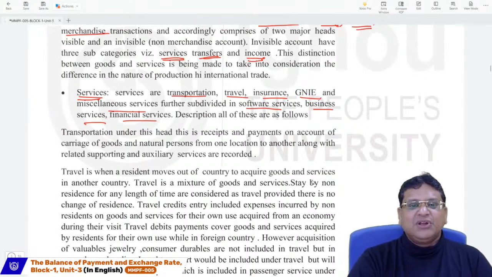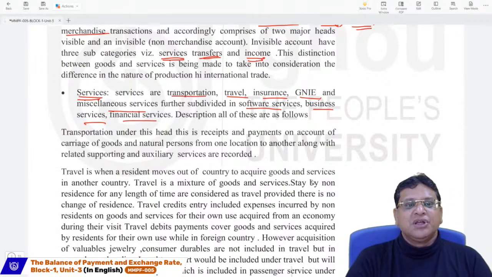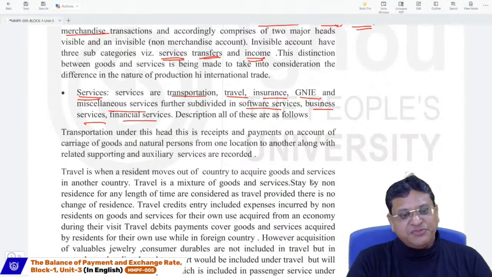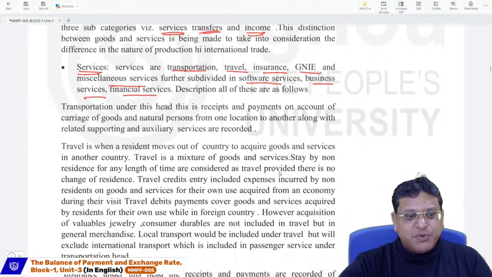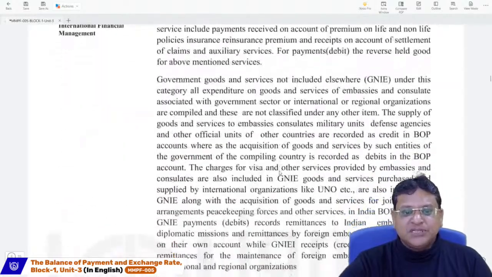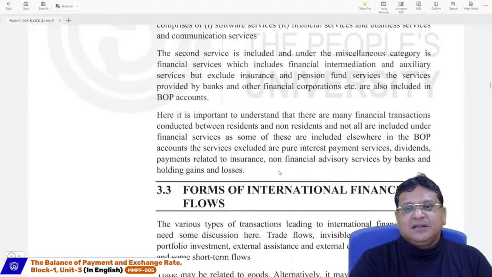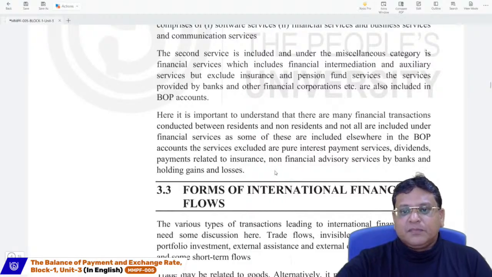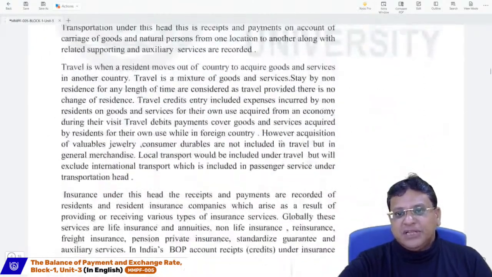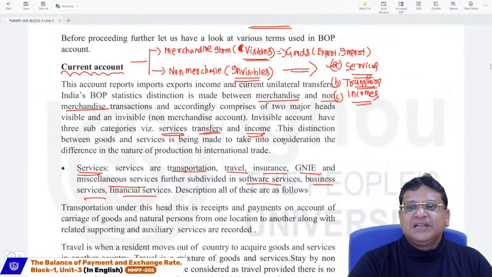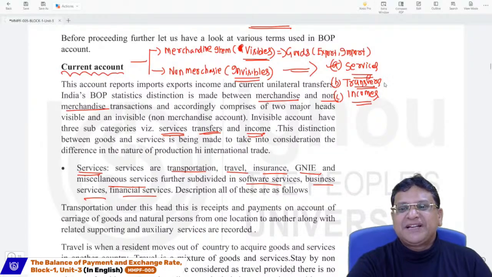Current account transactions: visibles and invisibles. Visibles refers to goods. Invisibles refers to three things: one is services, next is transfers. Next, transfers may be transfer receipts or transfer payments.